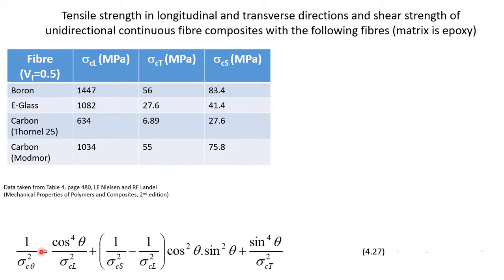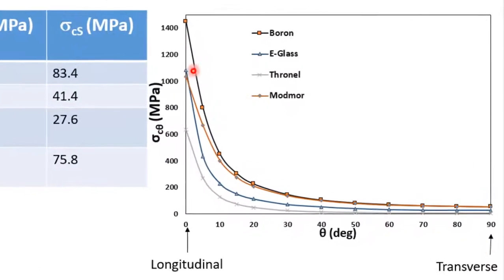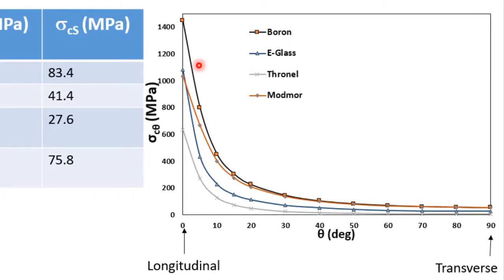So let us do the calculation for this data we already have, and after doing the calculation we have found that this is the type of curve we will obtain. So sigma c theta in megapascal and with respect to the angle theta.